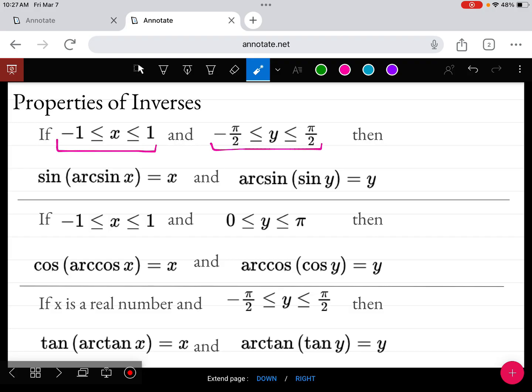But sine of 3 pi over 2 gives us a value, and when we take the inverse, it'll spit us back out with a different angle. We're going to work with them on Monday, but this gives us these properties. When we start working with them at the same time, things are going to get a little weird, but we'll be okay.